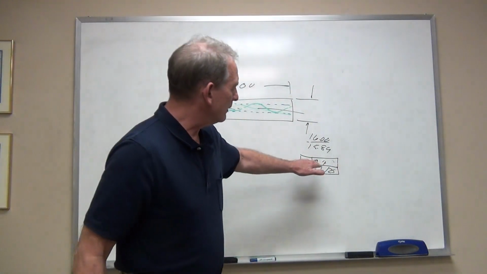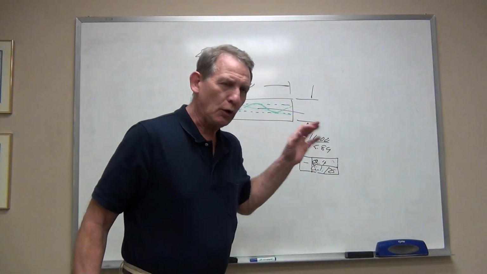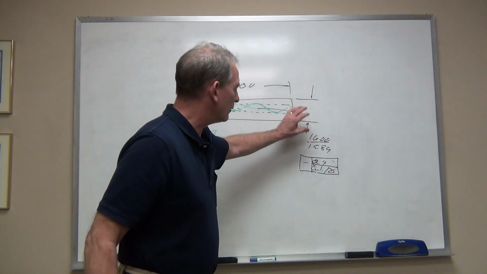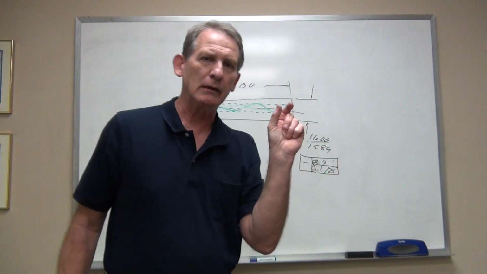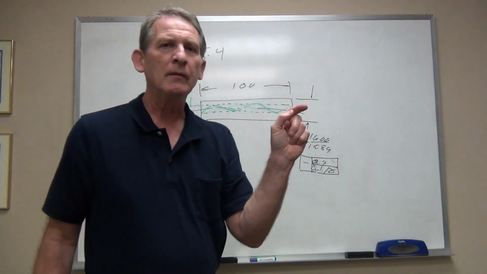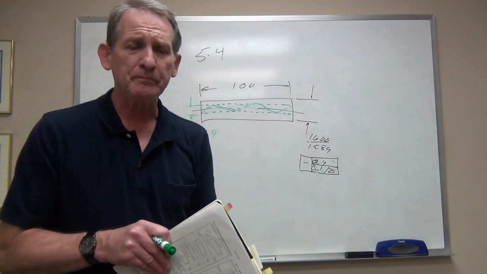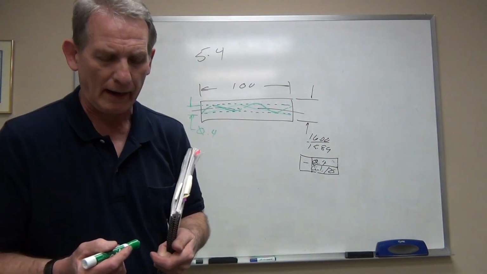So he's basically said that the total amount of tolerance over the entire length is 400 thousandths, but in any given inch, any given 25 millimeters, there can only be a quarter of that.